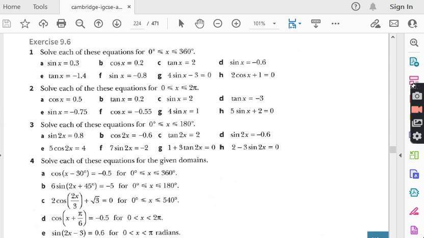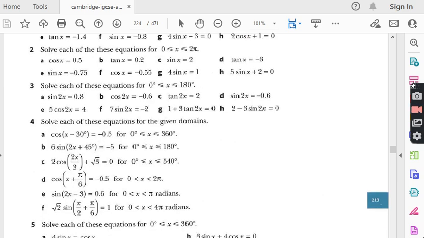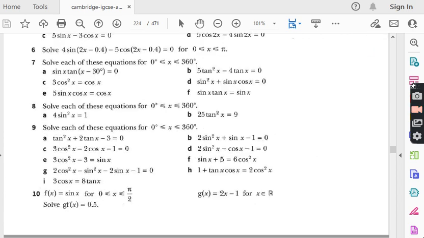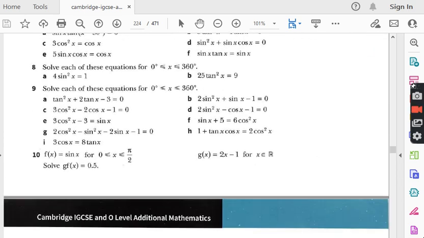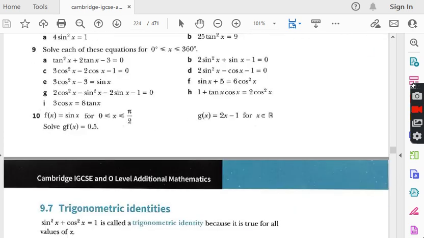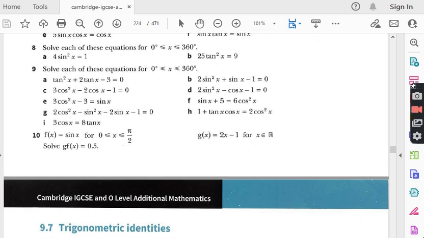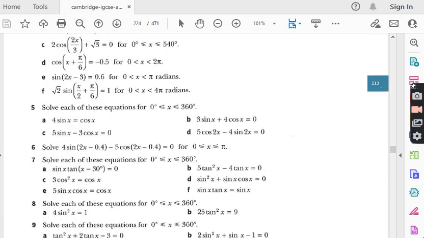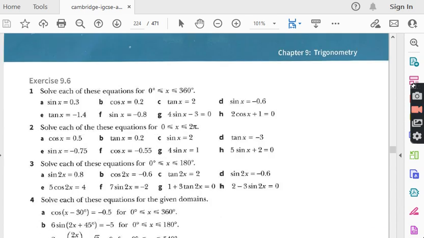So you are very familiar with radians and degrees after doing so many questions from previous exercises 9.1 to 9.5. How many questions in this exercise? 2, 3, 4, 5, 6, 7, 8, 9, 10. Don't worry, no issue. I will solve each and every question, each and every part for you.